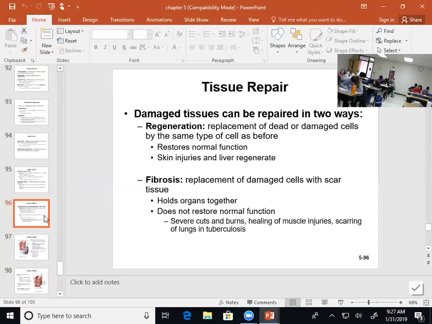I just told you about 2 examples within the muscle system tissues. How about within the nervous system? You've heard of peripheral nerves, which means the nerves coming off the spinal cord and brain. And then you've heard of the spinal cord and brain, the central nervous system, right?